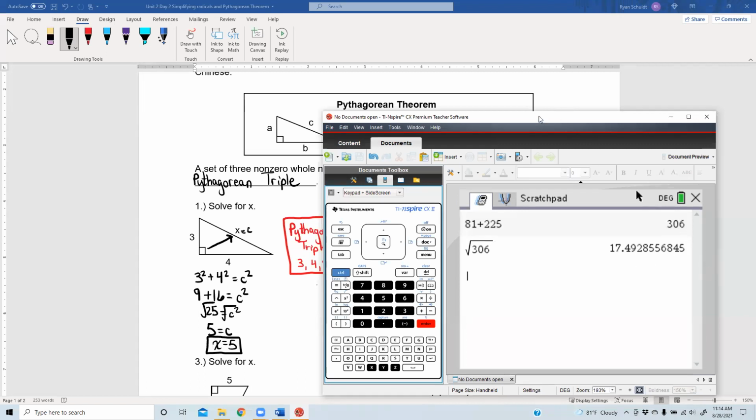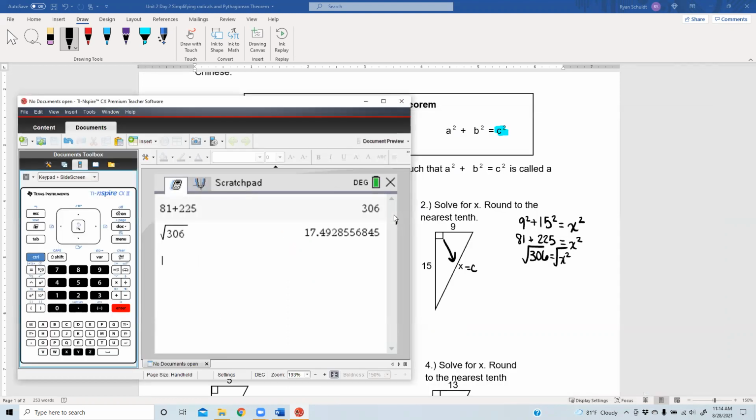It says to, let me move this over here, round to the nearest tenth. That's 1 decimal place. So I'm going to look here. I want to round that 4. 9, so I'll look at the next one. 5 or more, raise the score.